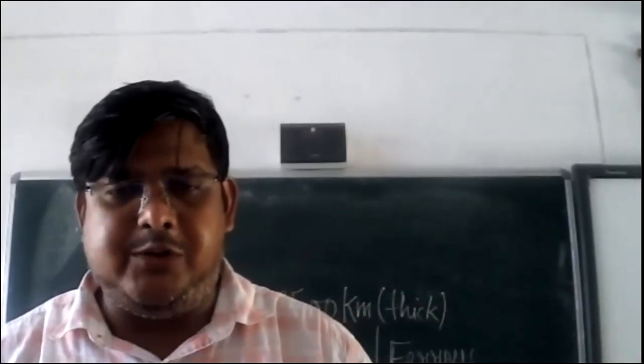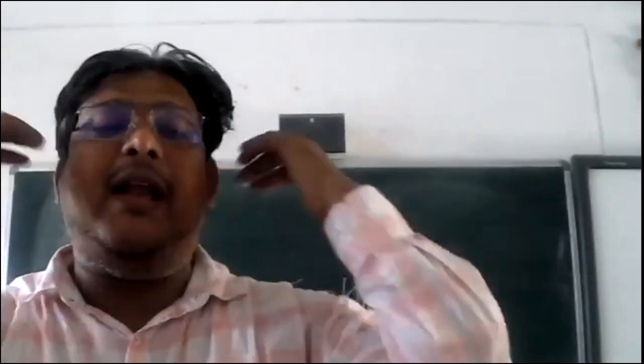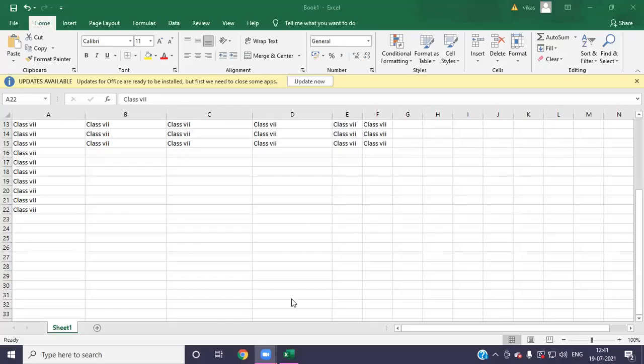Now we have seen how to copy one value from one cell to many cells. Now I have four continuous values in the cells and I want to copy them into other cells. How will we do it? Look.